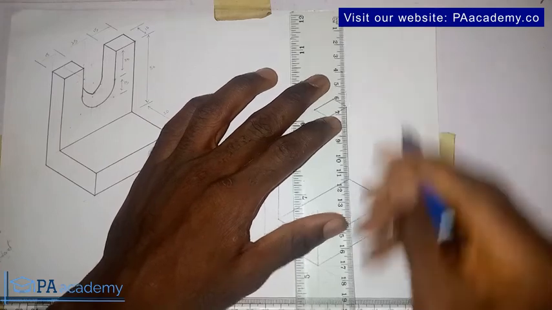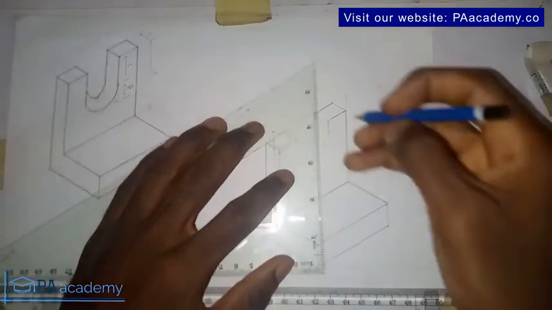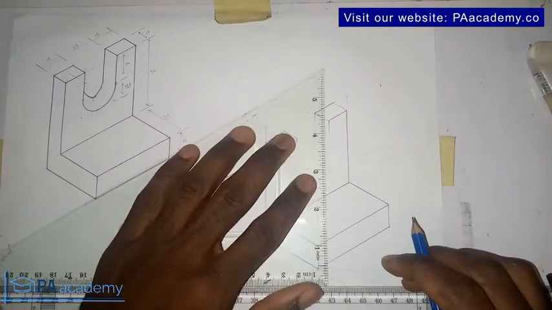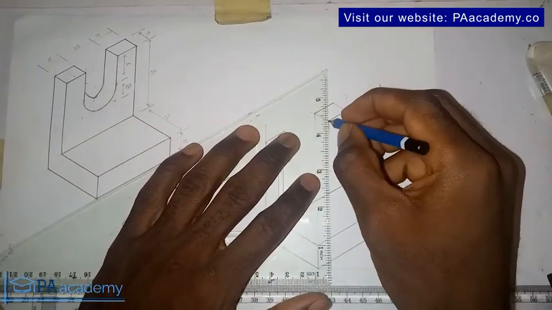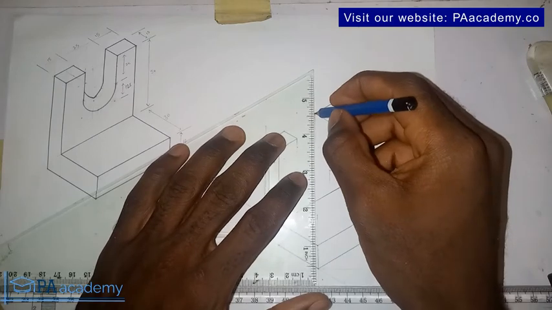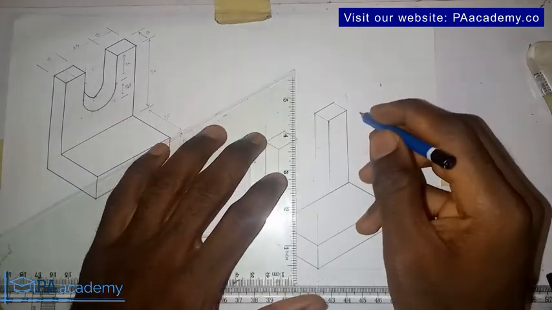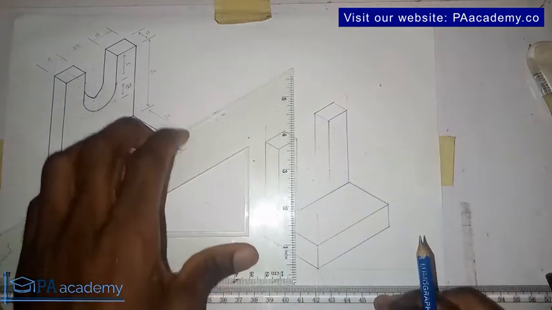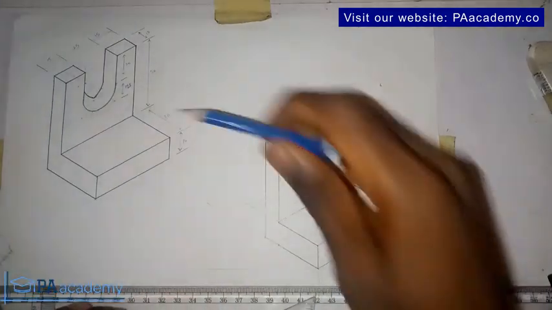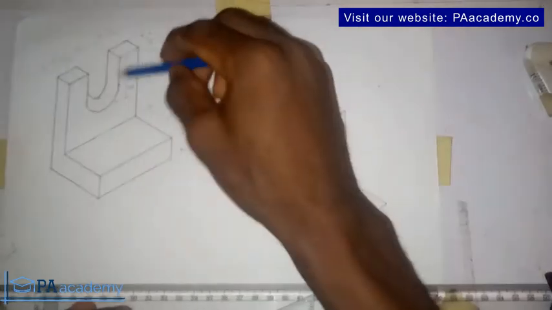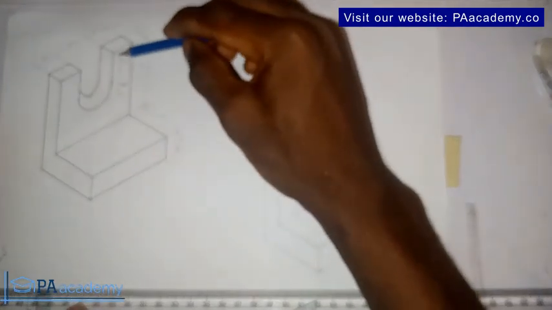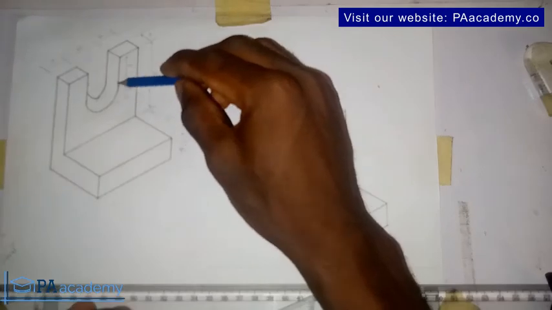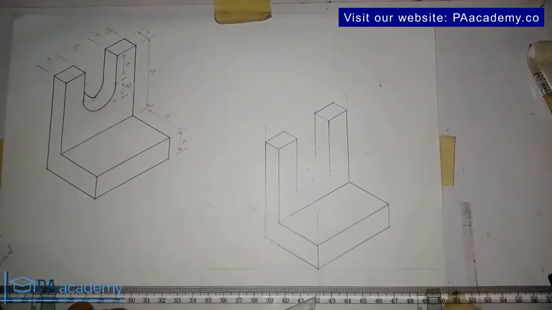So we are gradually getting to the major parts of this. So from this point, I'll draw the vertical lines, and then from here make sure they are still faint lines. So you're going to be having something like this. Now if you look here, which is the major point, from here to here, which is the straight line, is 20 millimeter, while from here to here, which is the curve, is 12.5 millimeter.